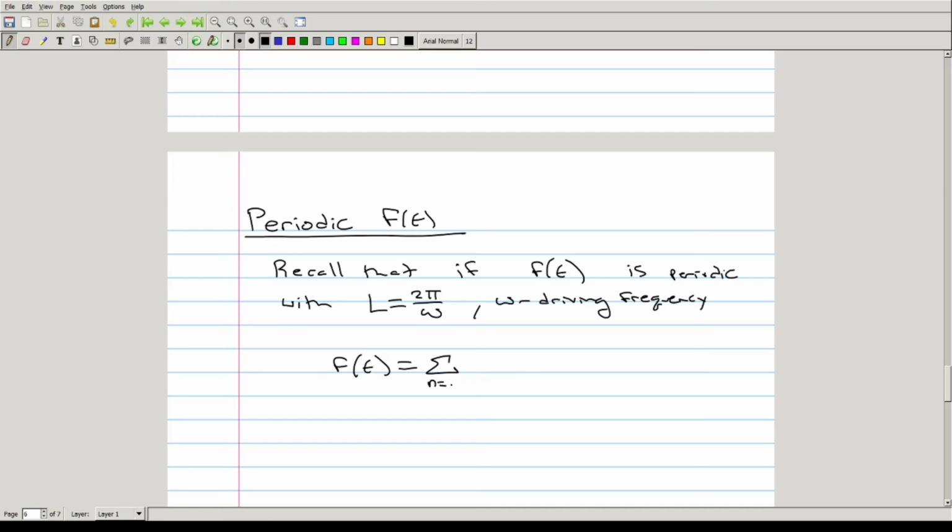We're going to use the special form for the Fourier series expansion in terms of the exponential, just to not have to rewrite too many AN's and BN's: Cn times e to the I n omega times t.